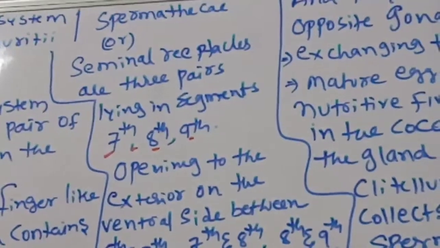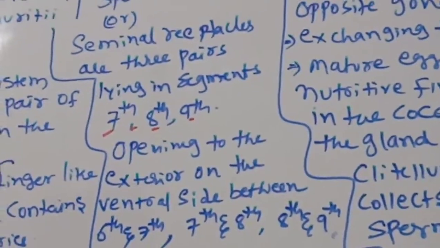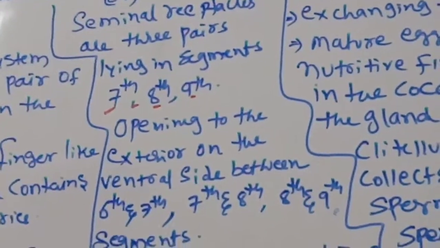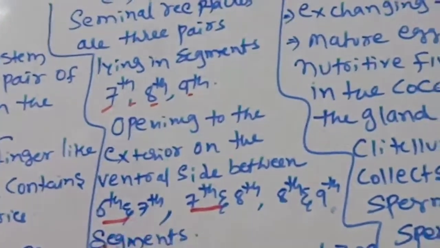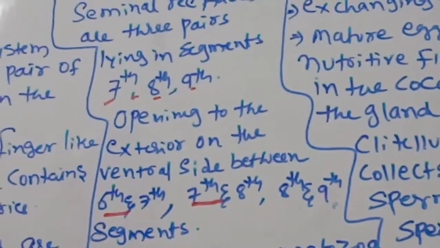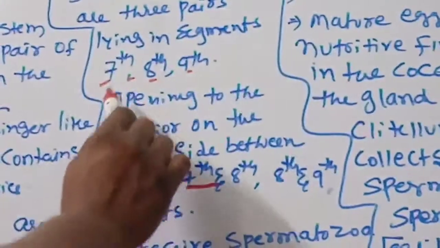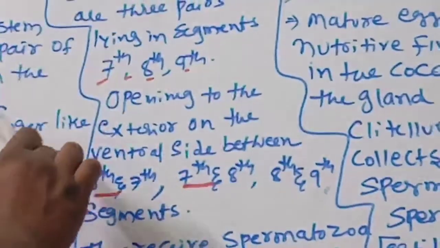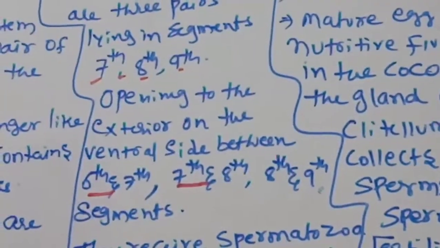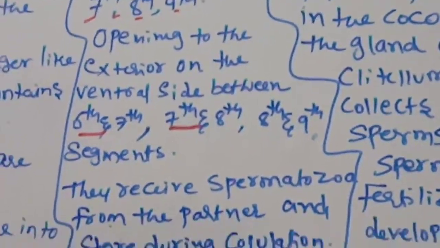They open to the exterior on the ventral side between the 6th and 7th, 7th and 8th, and 8th and 9th segments. They collect the sperms from the partner and store them during copulation.